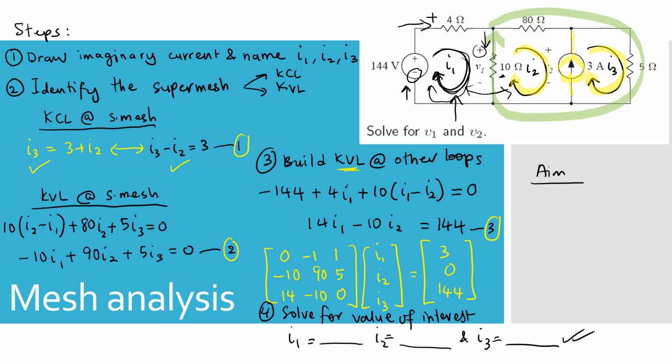The aim is to find our imaginary loop currents, which are I1, I2, and I3. If the current source is situated at the outer loops, then you should take the value of the current source. Do not build up any equation around that. Okay, I think that's all for this mesh analysis. Thank you.